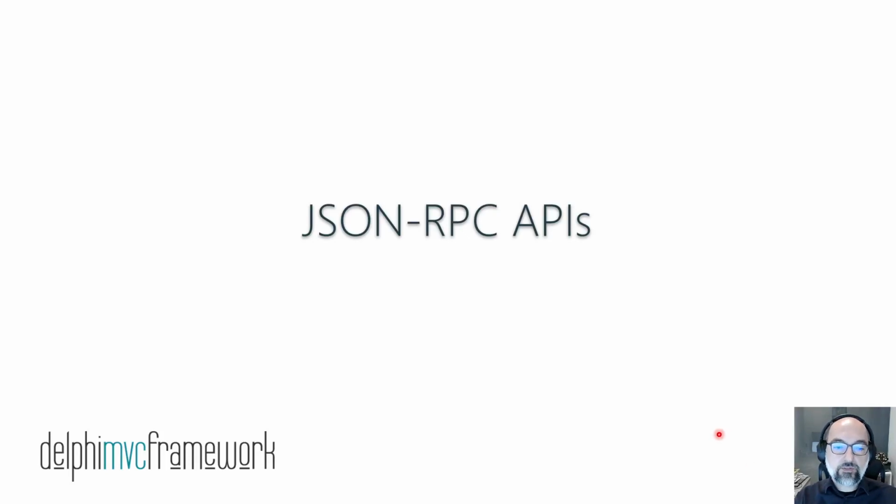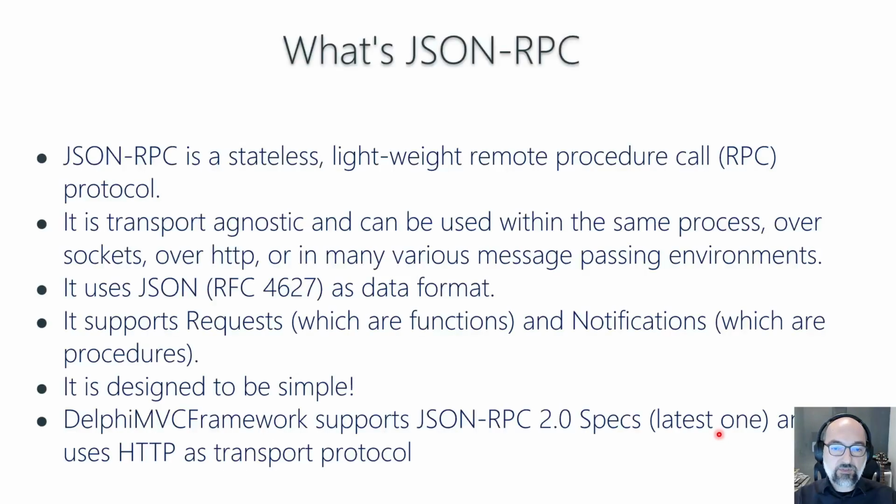The latest thing we want to talk about is the JSON-RPC API support in the Delphi DMVC framework. JSON-RPC is a stateless, lightweight remote procedure call protocol. It is really, really thin, and it is transport agnostic. It works on anything.